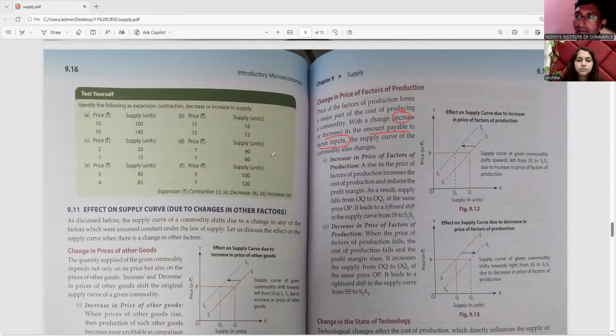Obviously, I'll sell that pen for more than 170 rupees because I incurred 150 rupees for making it. So this is the important factor. A rise in the price of factors of production increases the cost of production. When the cost of production increases, the price also increases.